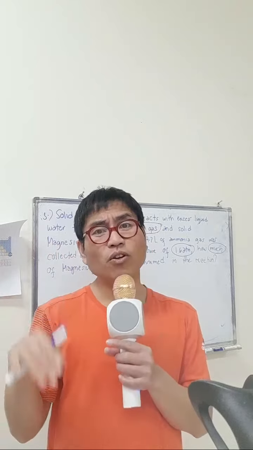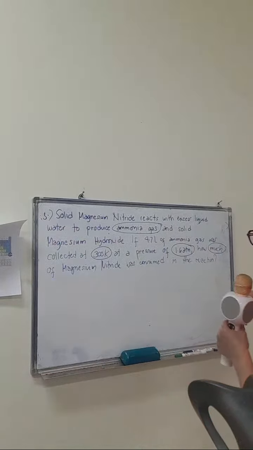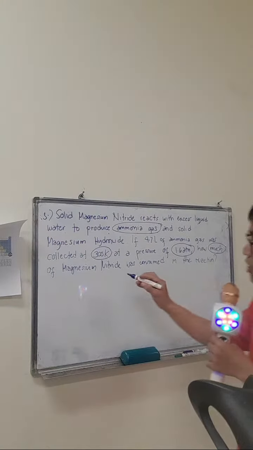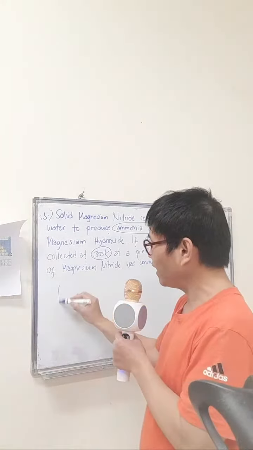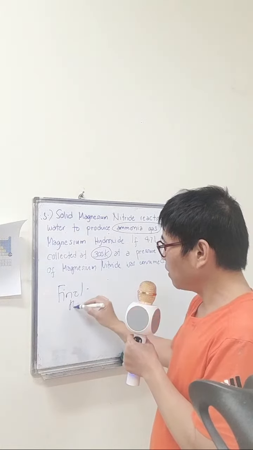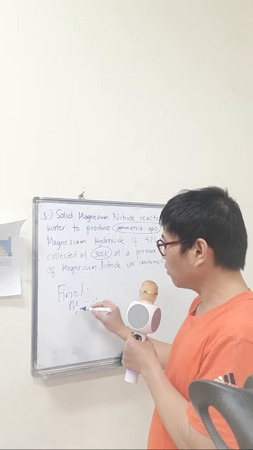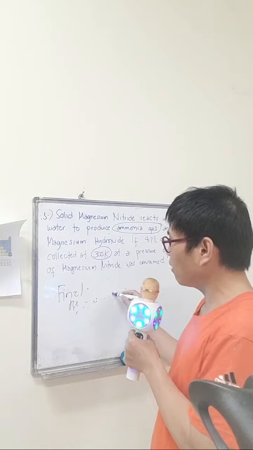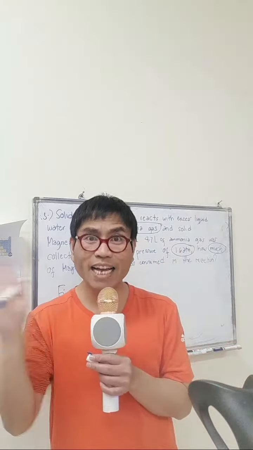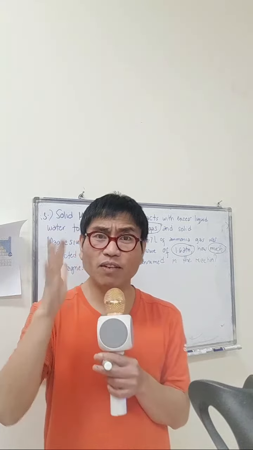Because the actual really focuses on the final. What will be the final result upon the reaction? What will be the grams of the product? Meaning actual, the last, the final. That is the identification.